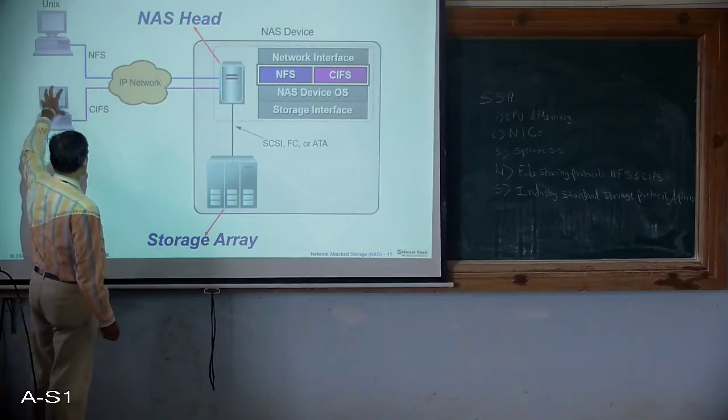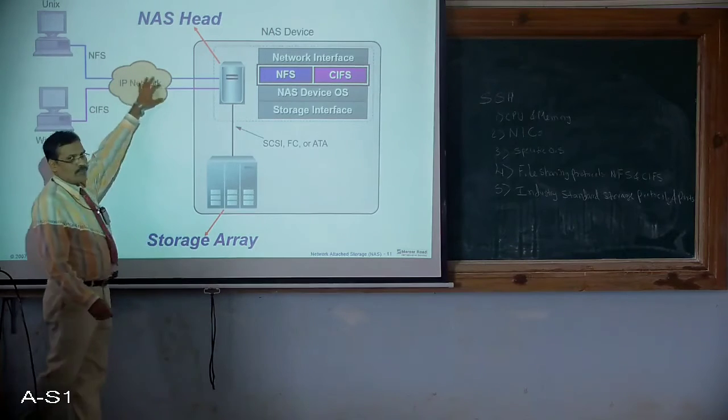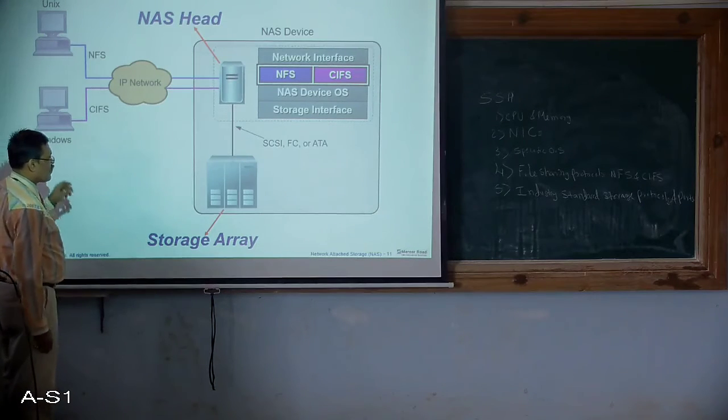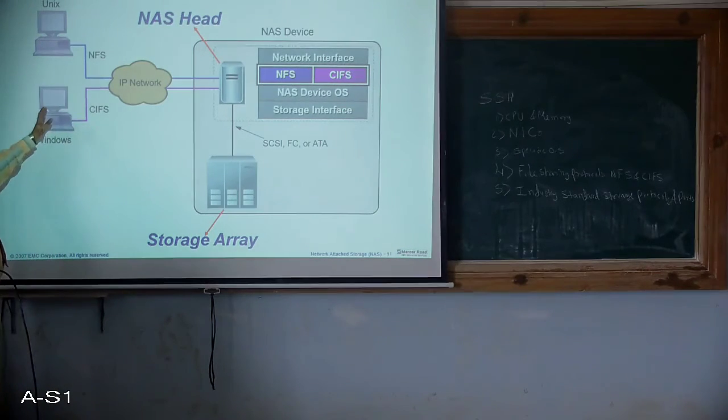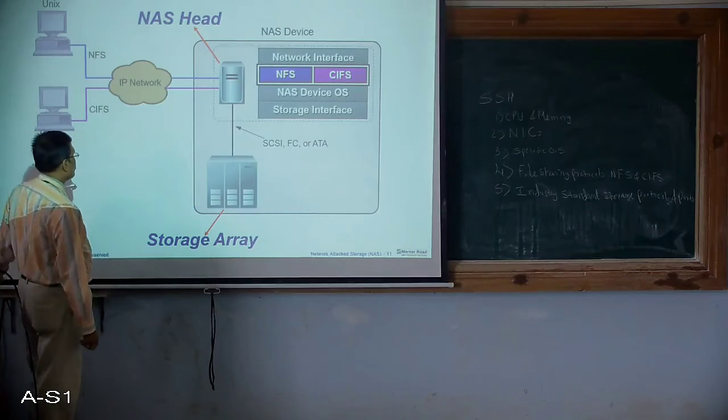So these are the clients which are requesting the service from NAS over an IP network, using file sharing protocols. There are various file sharing protocols used for this purpose, that is NFS and CIFS exclusively, which we will discuss later. So this is about the NAS device components.